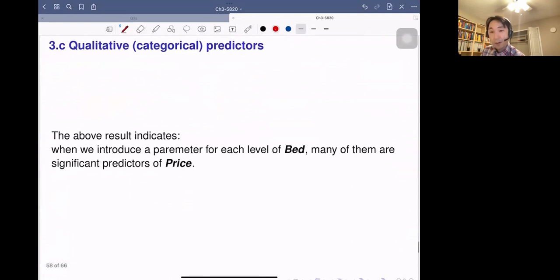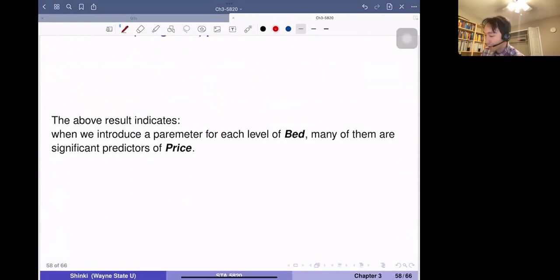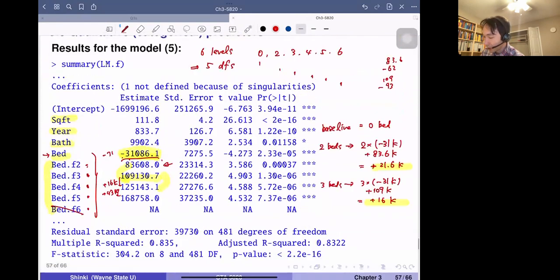Yeah, and also we see the significance. What's the significance? Beyond the linear term, how is this information useful? Then you can see the standard error of these terms, and you can see the t-value and the p-value.